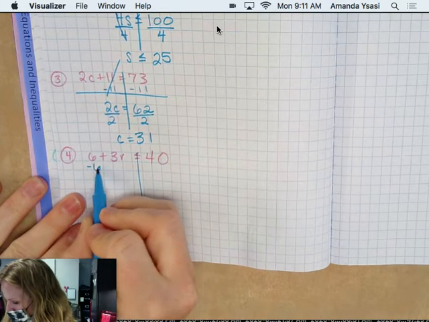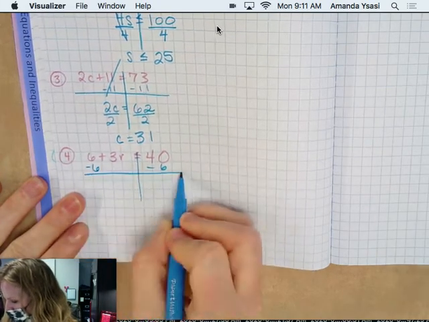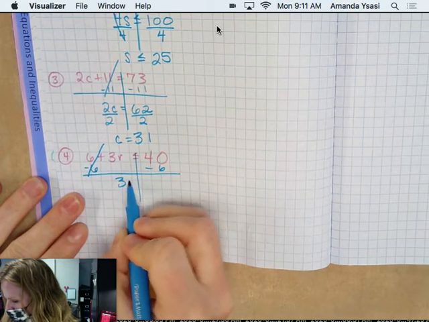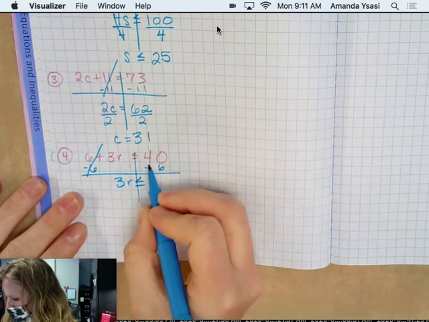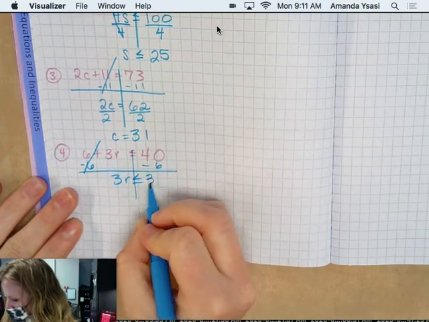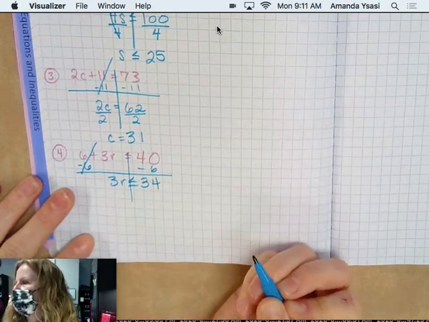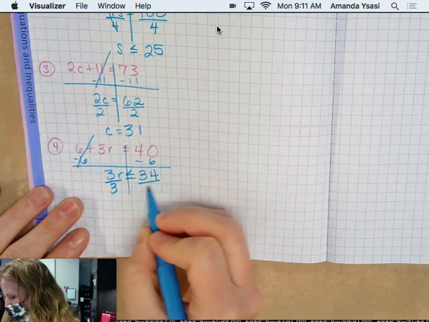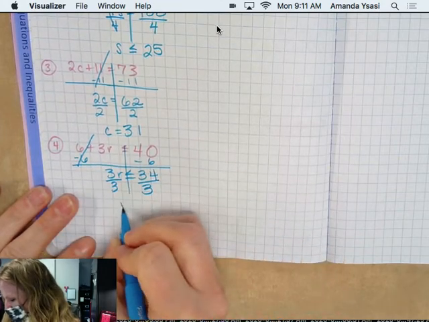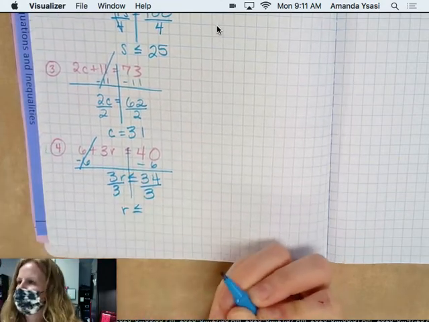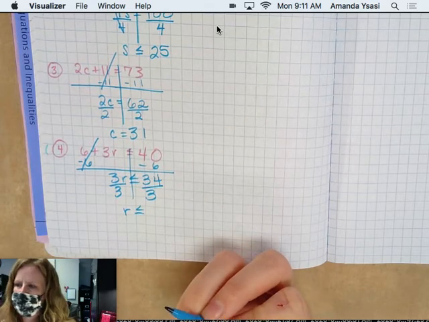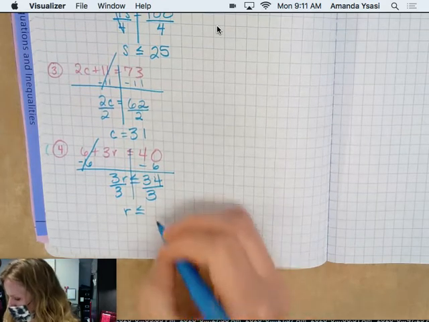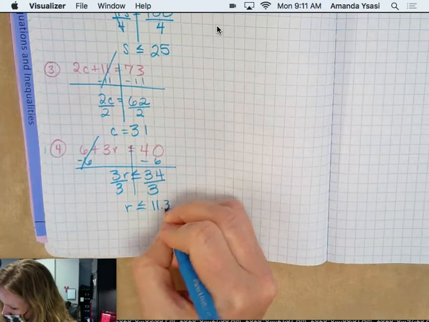So we'll subtract 6 on both sides. 3R is less than or equal to 40 minus 6, 34. Divide by 3. And what do we get? 11.3 repeated. Okay.